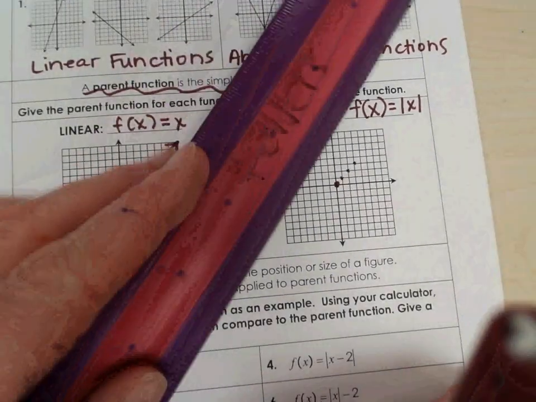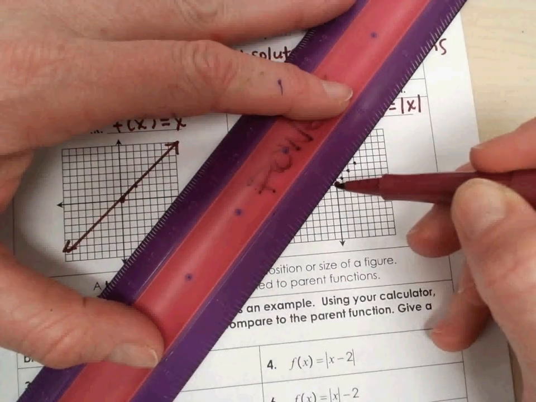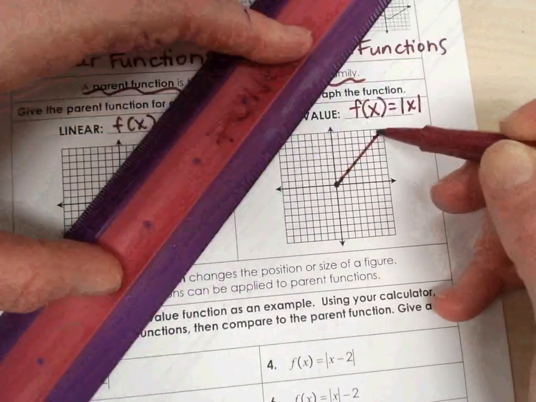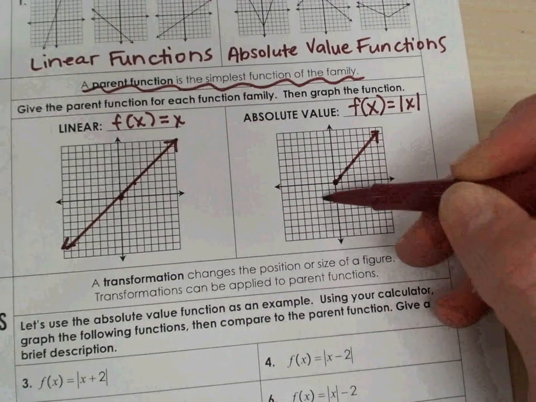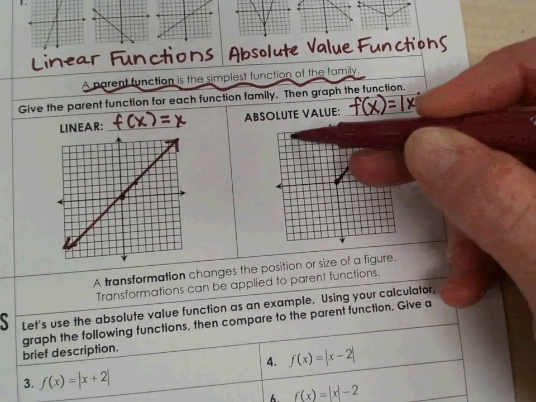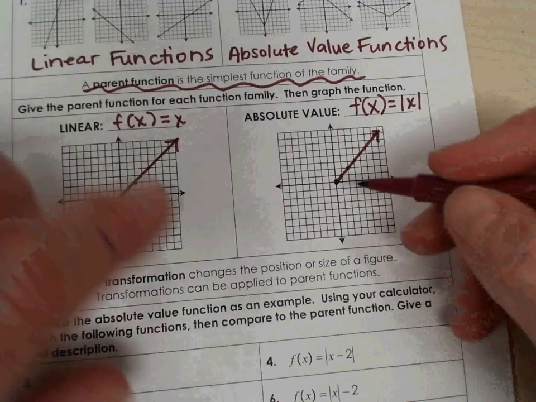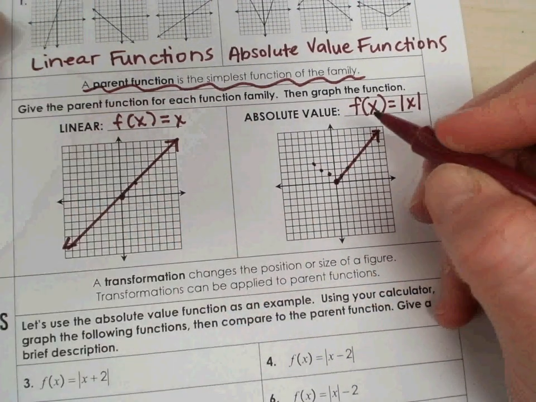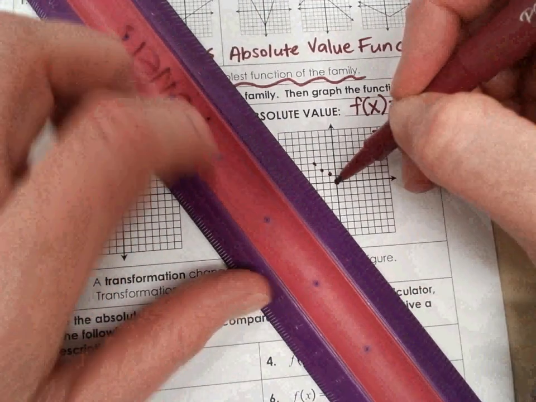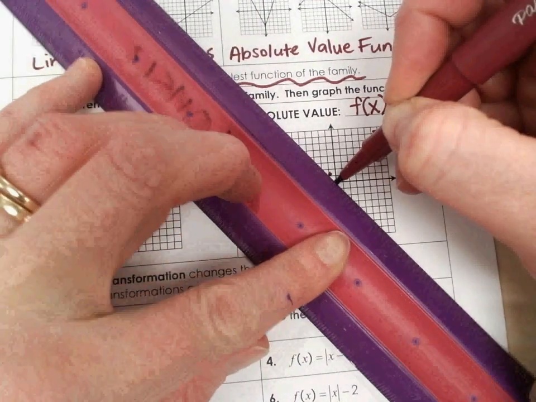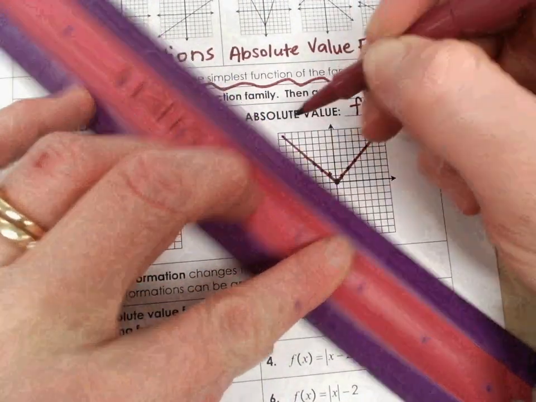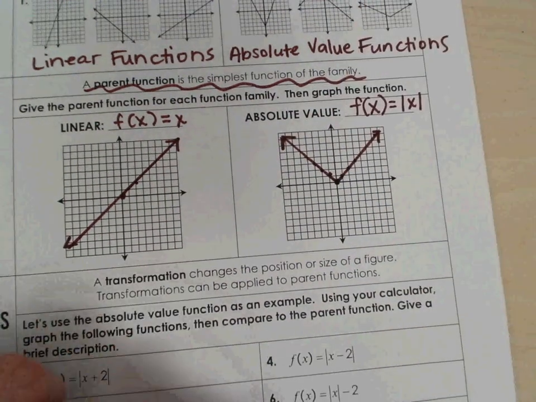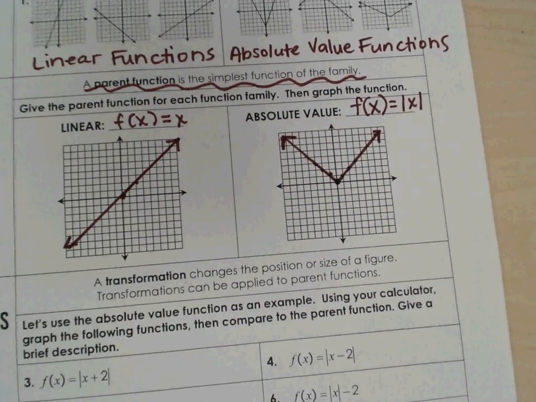Very, very similar. But instead of continuing down into the 3rd quadrant, it bounces up into the 2nd quadrant here. So it has a slope here of -1.